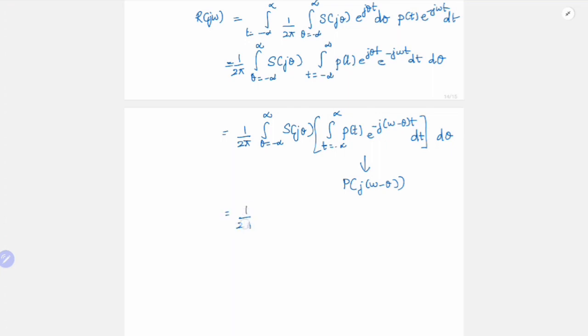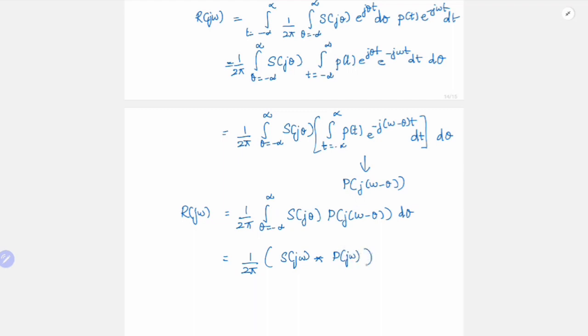So I can write this as theta equal to minus infinity to infinity s of j theta p of j into omega minus theta into d theta. So this is my r of j omega. But this is nothing but 1 over 2 pi s of j omega convolved with p of j omega, right?